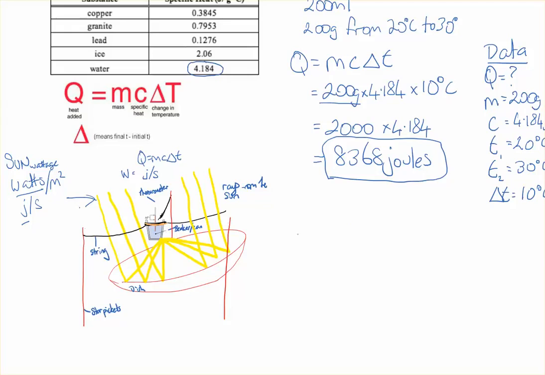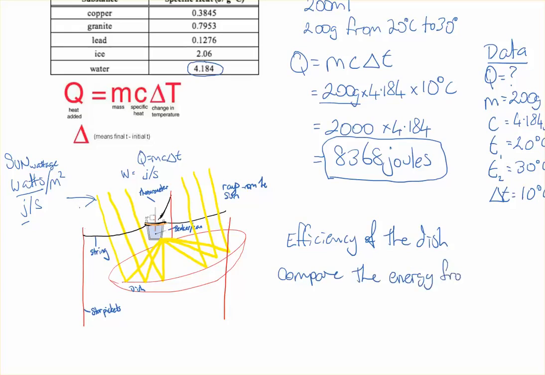And what we can do then is calculate the efficiency of the dish, where we compare the energy from the sun to the energy placed, for want of a better word, into the water in the beaker.